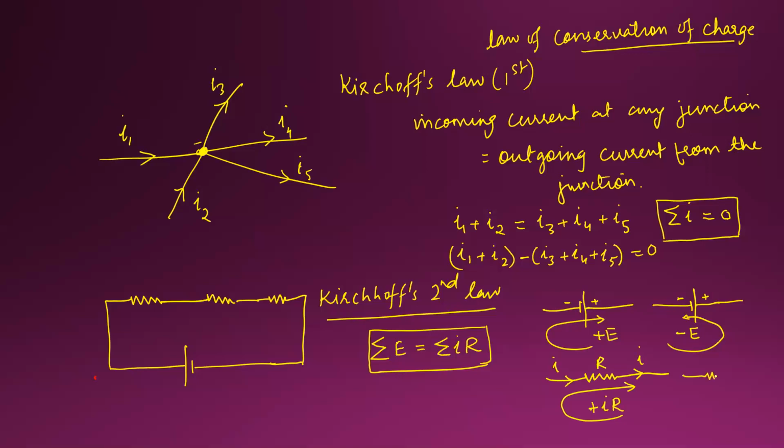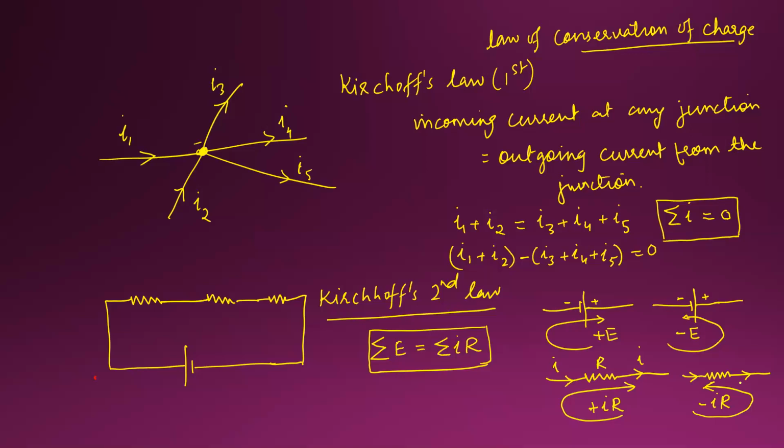And if, according to Kirchhoff's first law, the direction of current is in a particular direction and according to the assumed loop the direction of current flow is in the opposite direction, then we have to consider it as a negative potential difference. In case of battery, we will not be seeing the direction of current with the help of Kirchhoff's first law. Only the loop direction will be assumed. Whereas in resistance, we have to see both directions, that is the direction with the help of Kirchhoff's first law and according to the assumed loop.